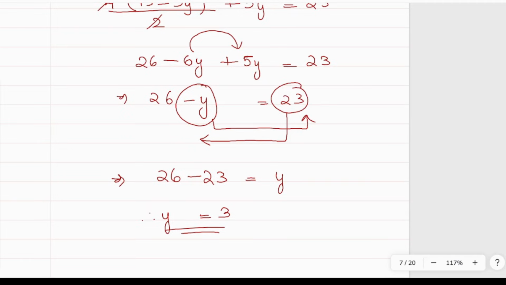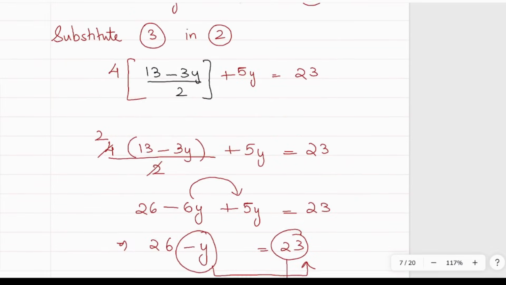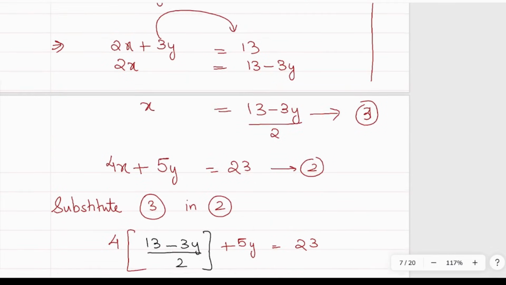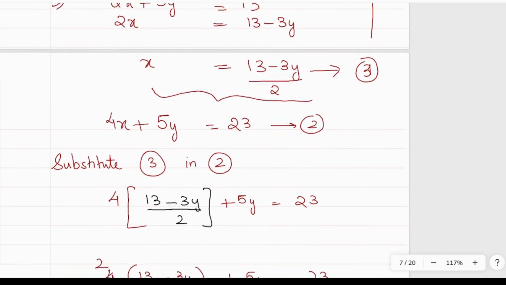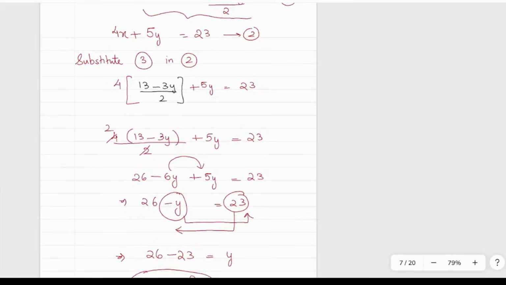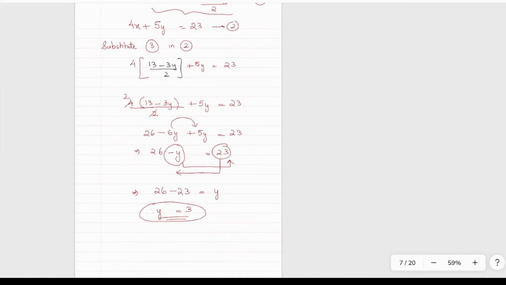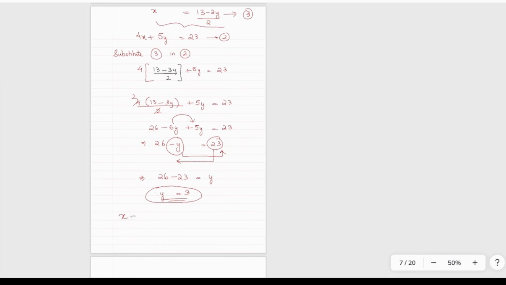Now what do I have to do? I need to substitute this value for y in any of the equations. For me it is easy to substitute that value in equation number 3, so that I directly get the value for x. What's the value for x here? For your convenience, I am reducing the size. X equal to 13 minus 3y divided by 2.